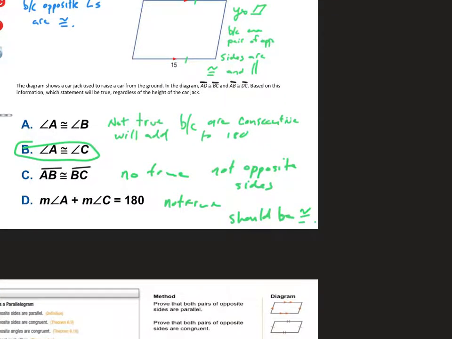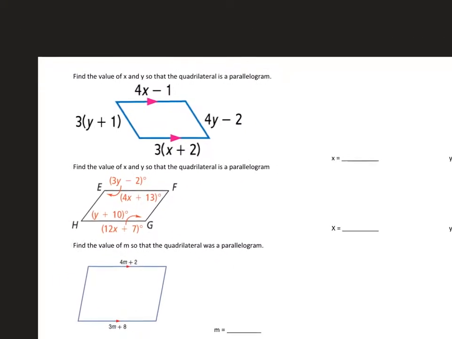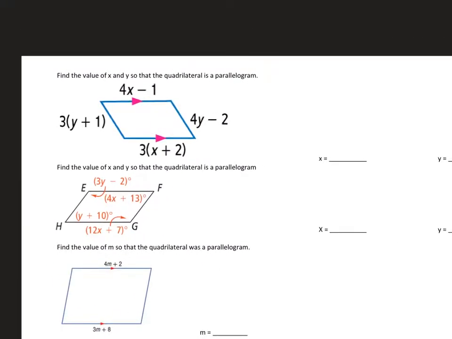So that's it. Let's see some more examples, and these are all going to be algebraic based. Find the value of x and y so that the quadrilateral is a parallelogram. Notice how the questions are changing. Yesterday we said that we have a parallelogram, find x and y. Now we're asking to find x and y that will make these opposite sides congruent.